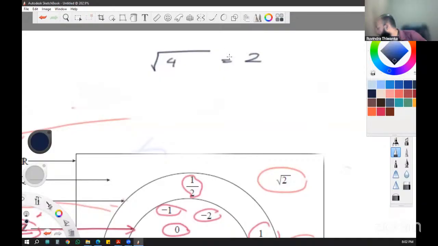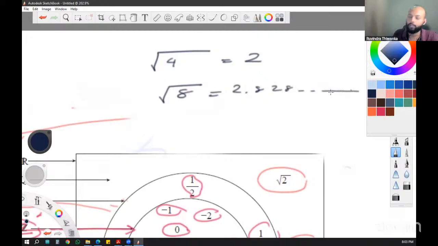I'll use my calculator also. If you just put square root 8, it will show 2.828 like this.